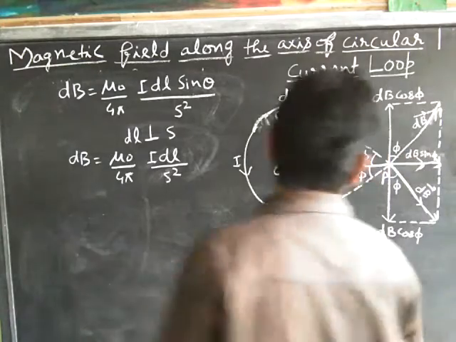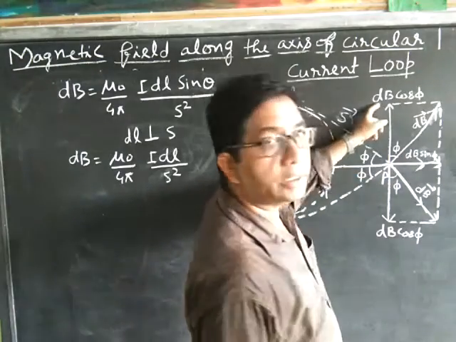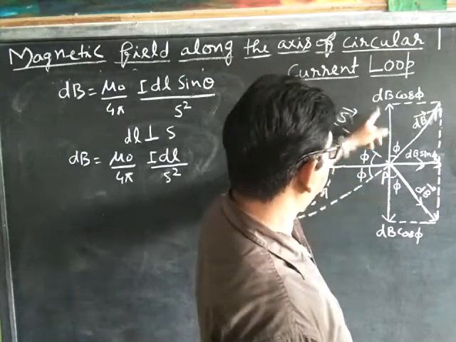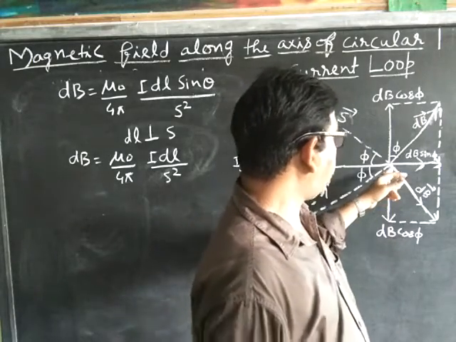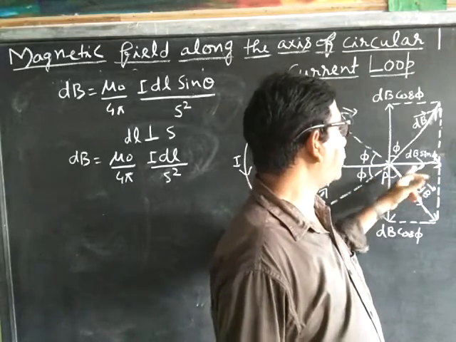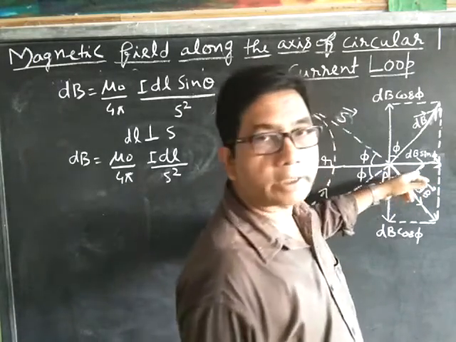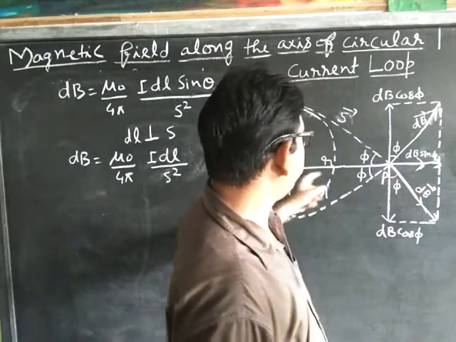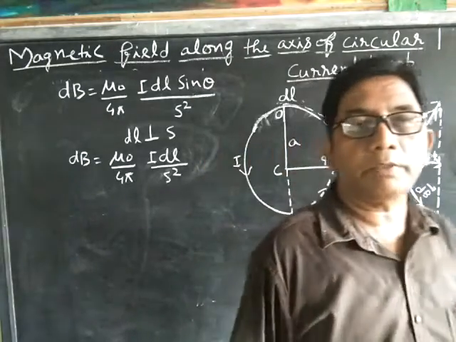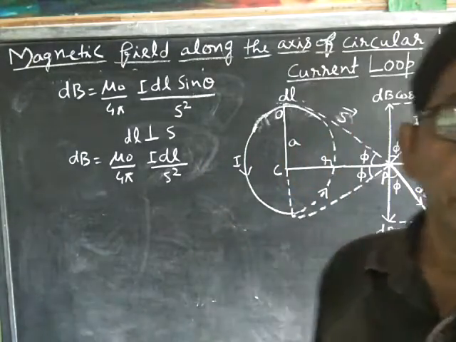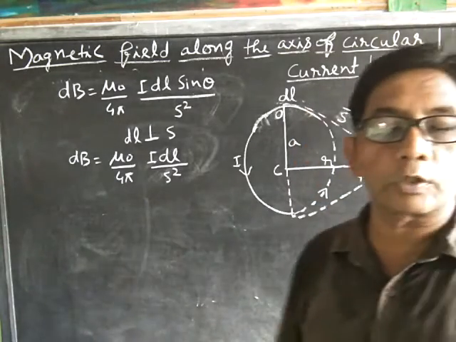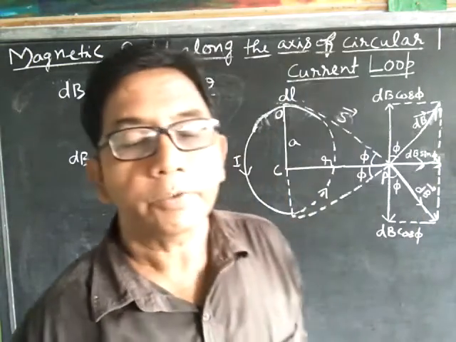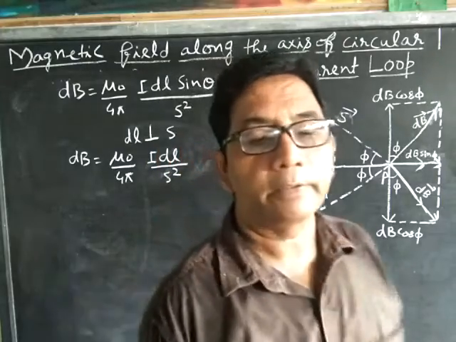Since the horizontal components dB cos phi are equal and opposite, they cancel each other, and the vertical components dB sin phi along the axis CP get added. So the total magnetic field at point P is in the direction CP.